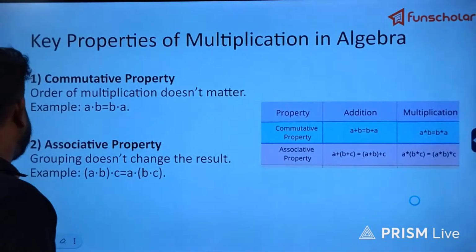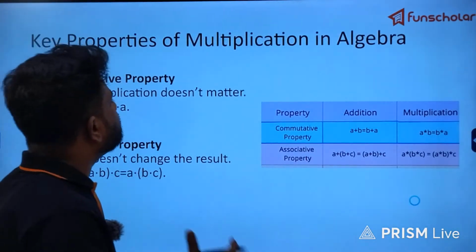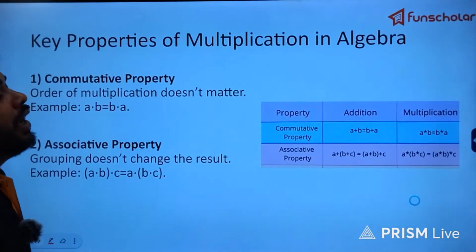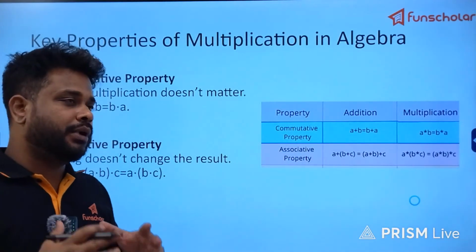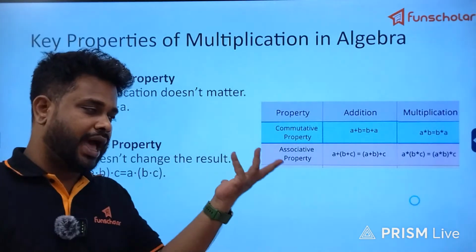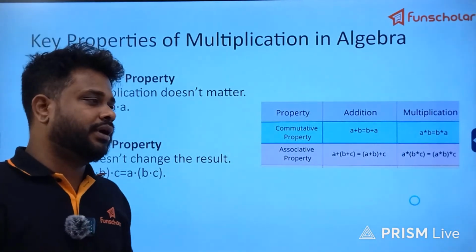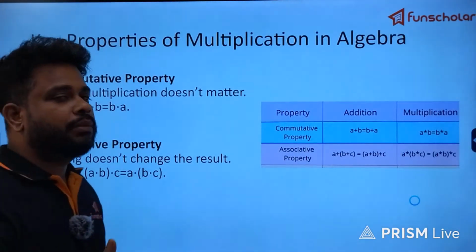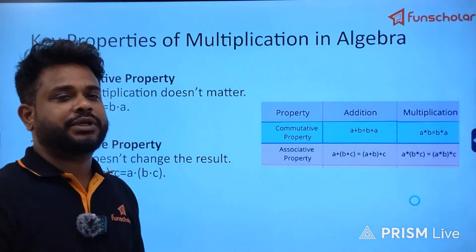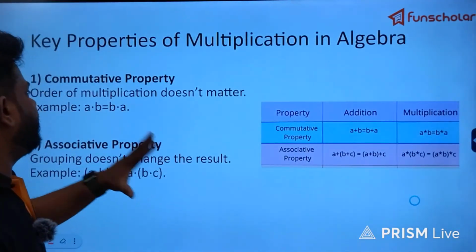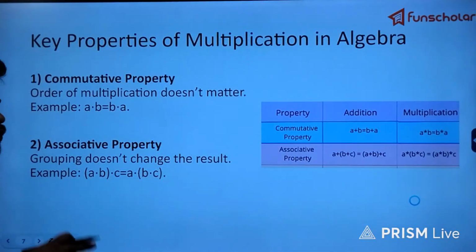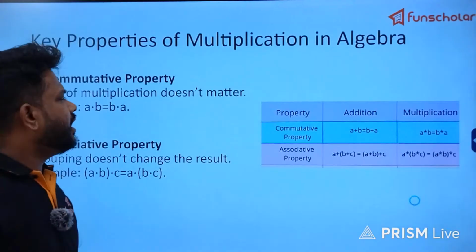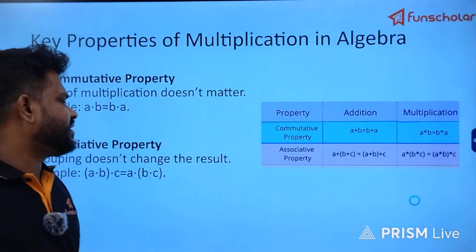Let's go next, that is key properties of multiplication in algebra. In our previous classes, we have learned how to add or subtract algebraic terms. Now we are going to learn about the multiplication of algebraic terms. First we have to learn about the commutative property and associative property, which you have already learned in the previous classes.